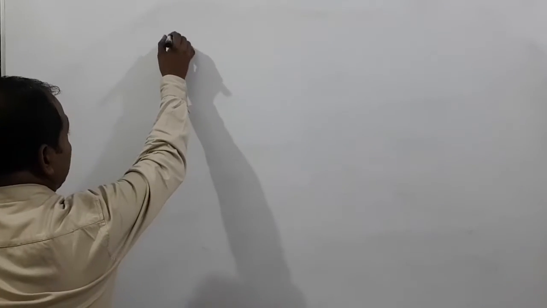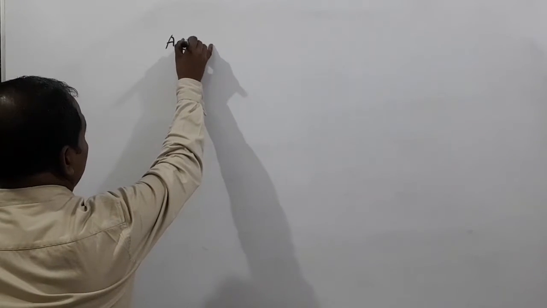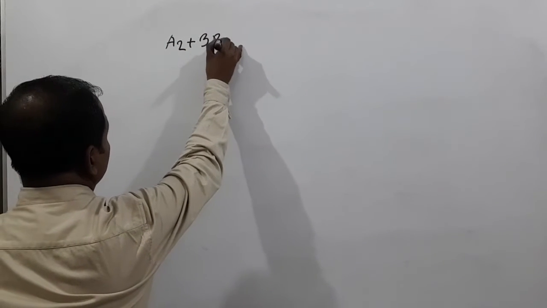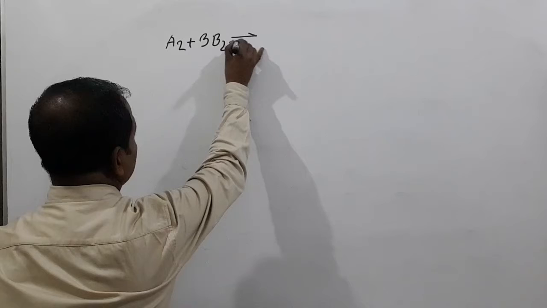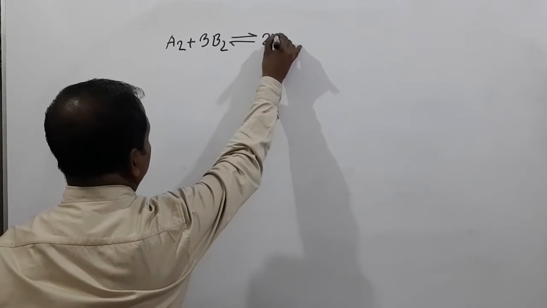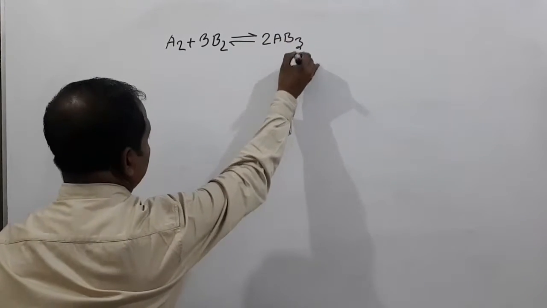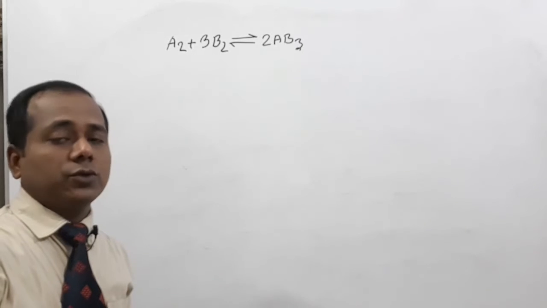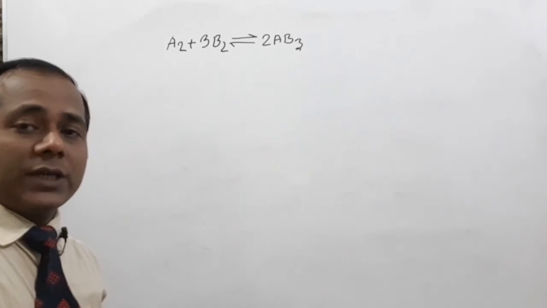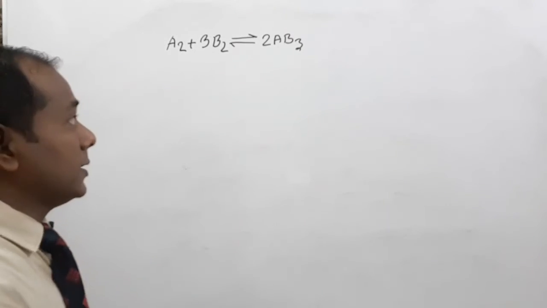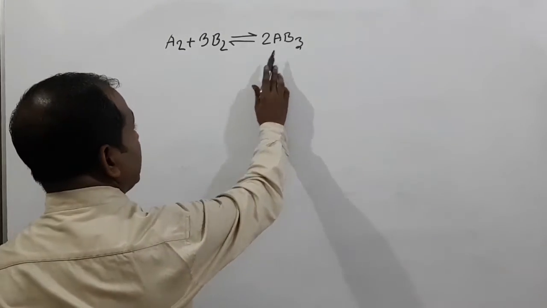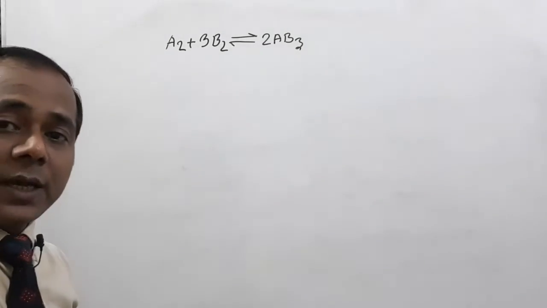reaction 2, the reaction is A2 plus 3B2 and product is 2AB3. My dear students, according to the STAM, we know that at equilibrium the amount of AB3 is 25%.